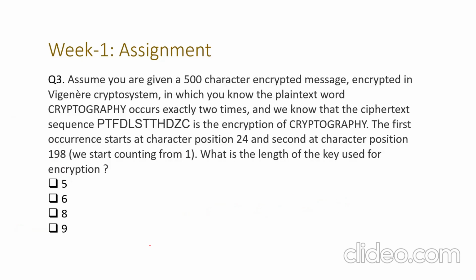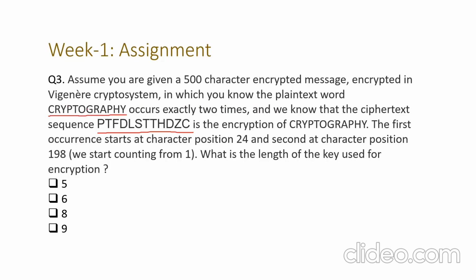Okay. So here is another application type question. It says, assume you are given a 500 character message encrypted in the Vigenère cryptosystem in which you know the plaintext word cryptography occurs exactly 2 times. And we know the ciphertext sequence, this, right? Note that it has the exact same length as cryptography, right?